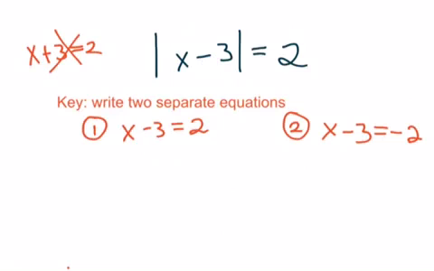Instead, we're changing the answer right here, the 2, for our two cases, 2 and negative 2. And the expression in the absolute value bars, x minus 3, stays exactly the same. I call this undoing the absolute value bars, and you have two cases: x minus 3 equals 2, and x minus 3 equals negative 2.